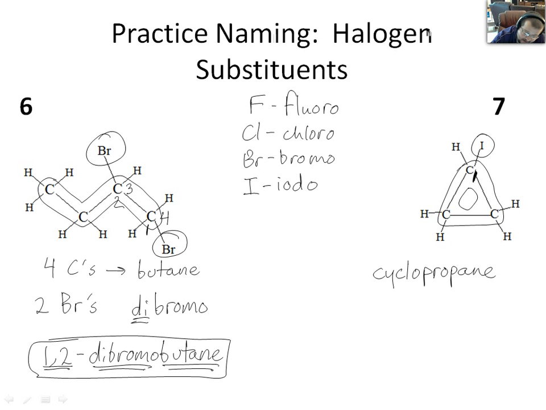It's an iodo group, so iodocyclopropane, all one word. We could call it 1-iodocyclopropane, but remember, we have 1 group hanging off the ring, and it's in the first position, so that can be assumed. We can just write iodocyclopropane.